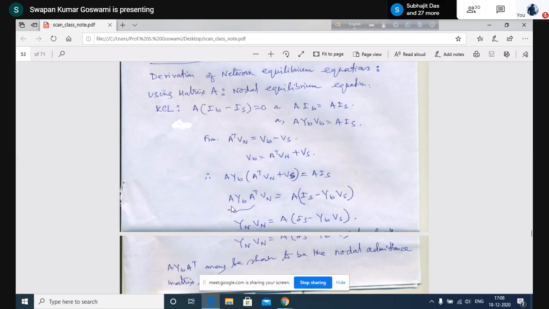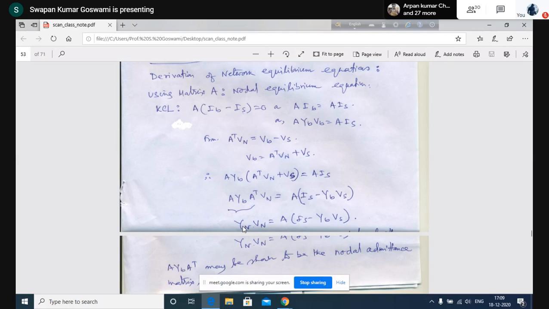You can take an example for the network we have written. Consider that A matrix, consider that YB, and assume that each element in the network has some admittance, only the self admittance for the time being, and then multiply that by the transpose of matrix A. See what you obtain and match that matrix with the nodal admittance matrix of the network.